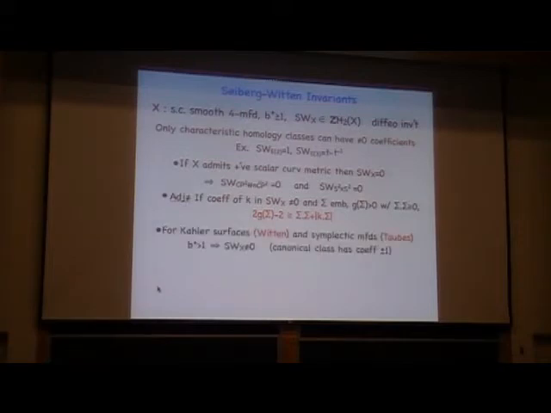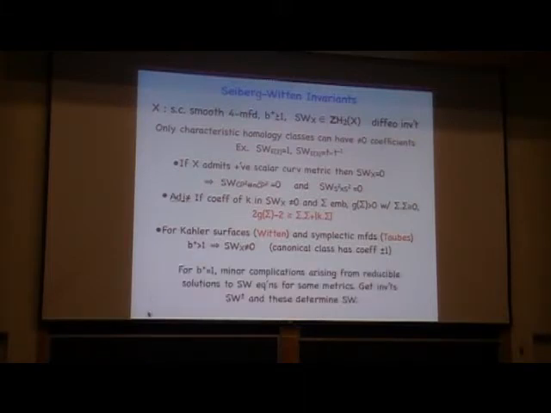And one last fact here for Kähler surfaces due to Witten, and more generally for symplectic manifolds due to Taubes: if B plus is bigger than 1, then the Seiberg-Witten invariant is non-zero. In fact, the canonical class has to have coefficient plus or minus 1.